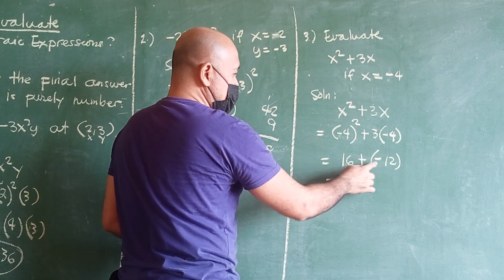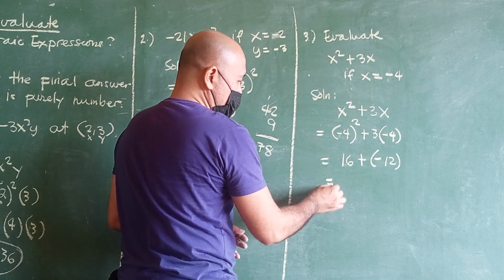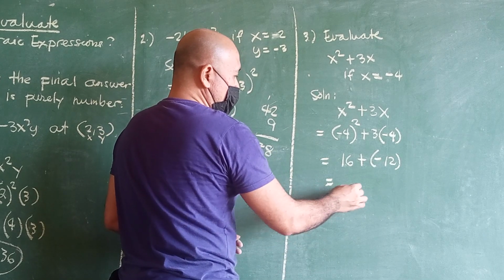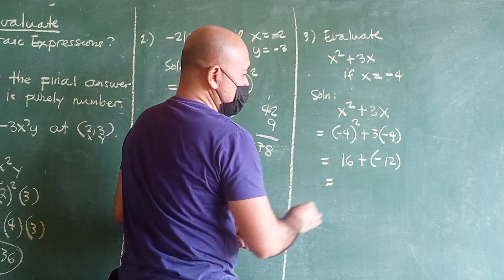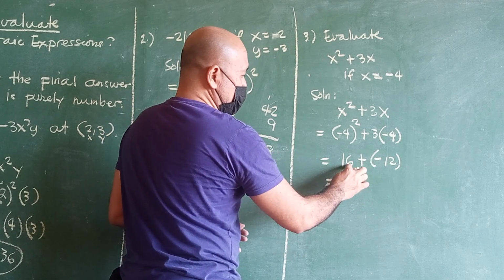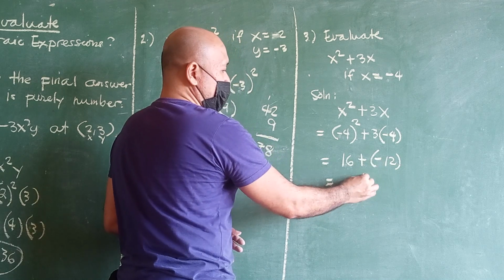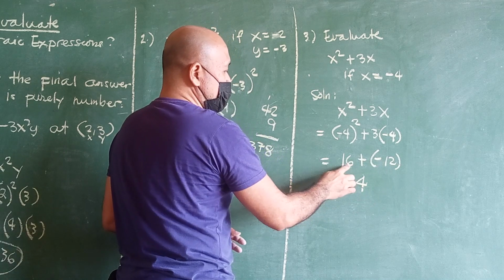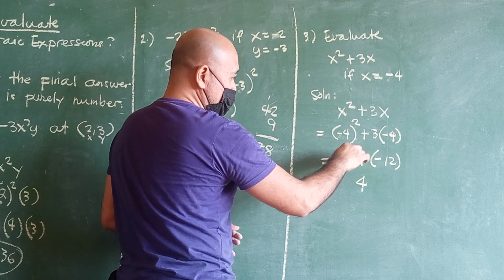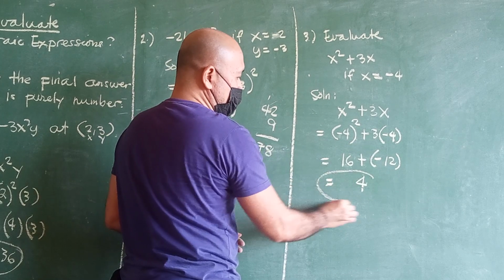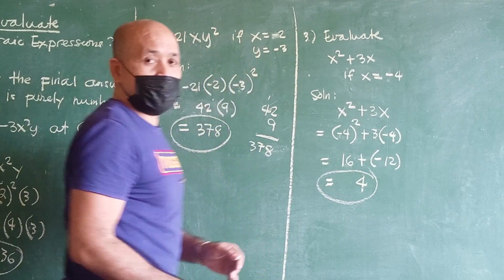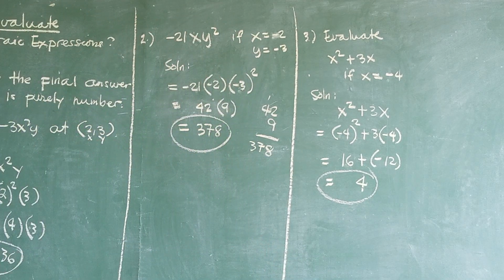So 16 plus negative 12, if you could still recall, we need to get their difference if we are adding two unlike signs. So the difference between positive 16 and negative 12 is 4. And since 16 has a bigger absolute value compared to 12, and 16 is positive, your answer is positive. So that's it, as simple as that.